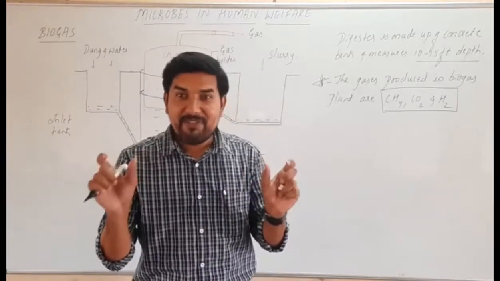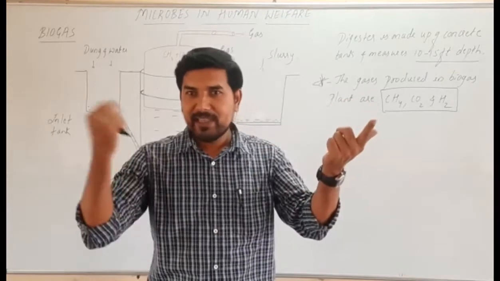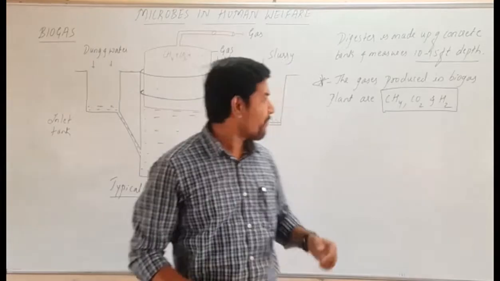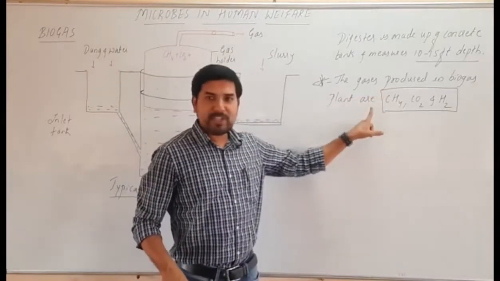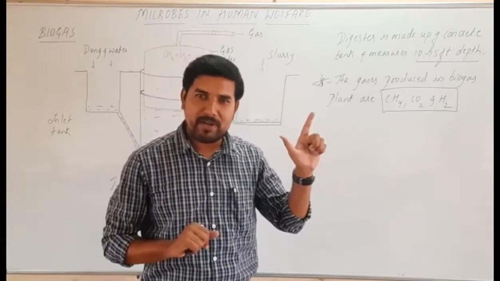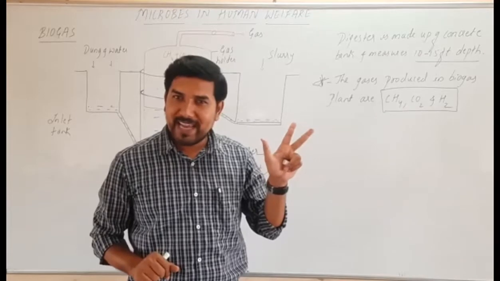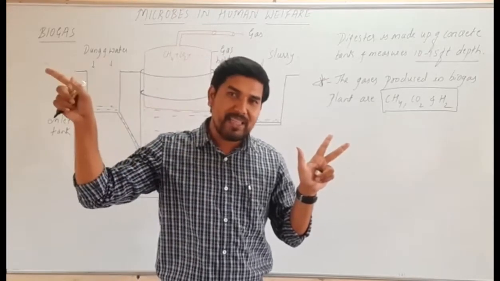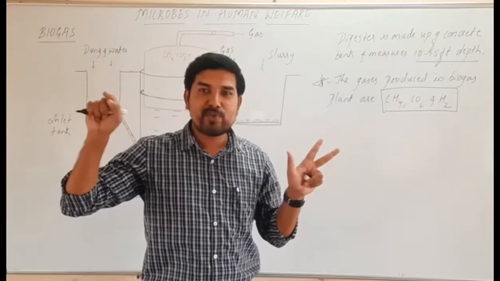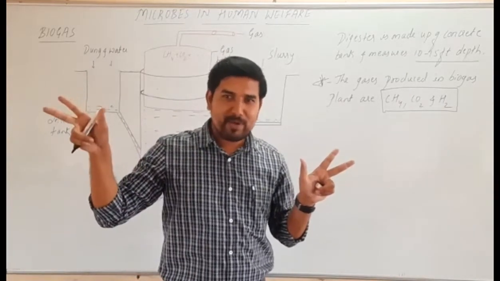But there is a difference in terms of the gases produced in STPs and in the biogas plant where we are using cow dung as the raw material. Now look at this. The gases produced here are, first methane, second carbon dioxide. Both are common. Look at this: here hydrogen is produced. The third one is hydrogen. Remember, in the biogas produced through STPs, H2S, hydrogen sulfide, is produced. So there also we came across three gases.